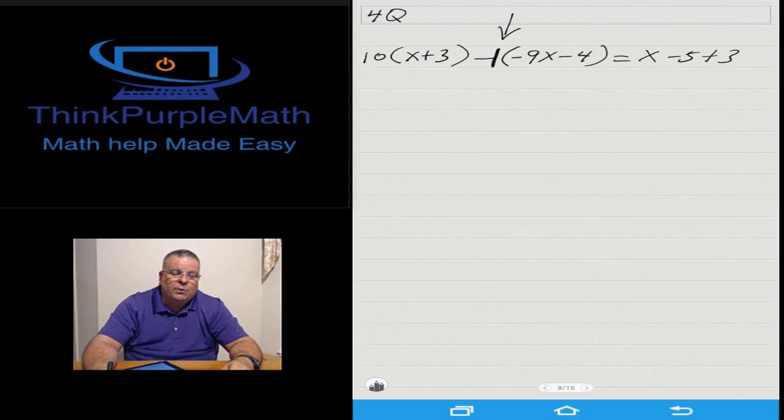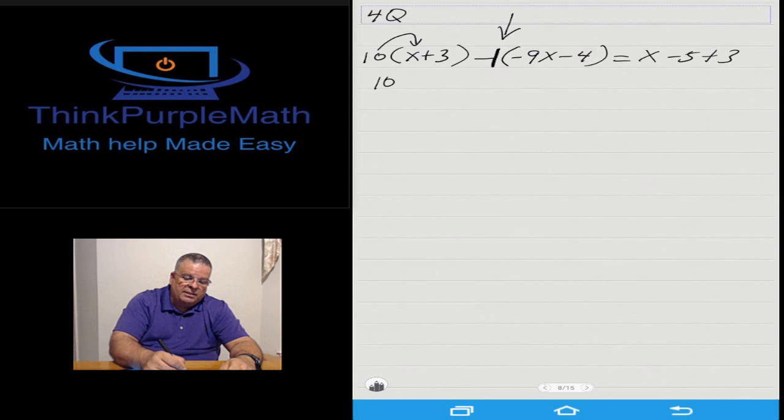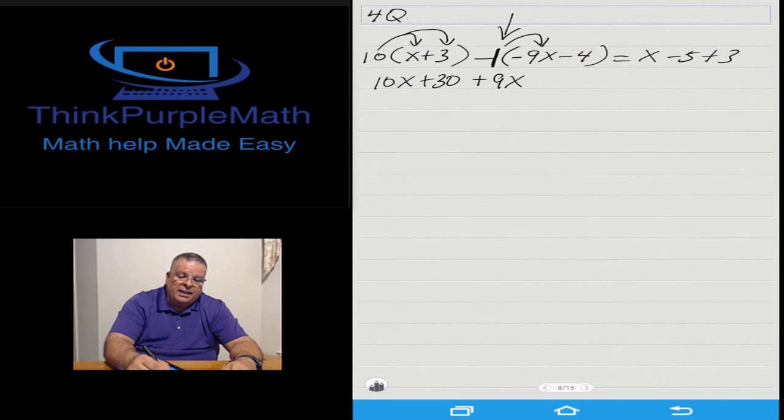So we're going to distribute twice on the left. 10 times x, 10x. 10 times positive 3 is 30. A negative 1 times a negative 9x would give us a positive 9x. And a negative 1 times a negative 4 would give us a positive 4.